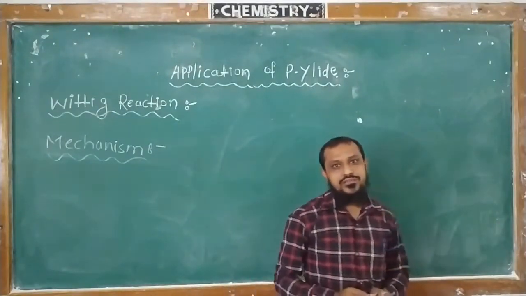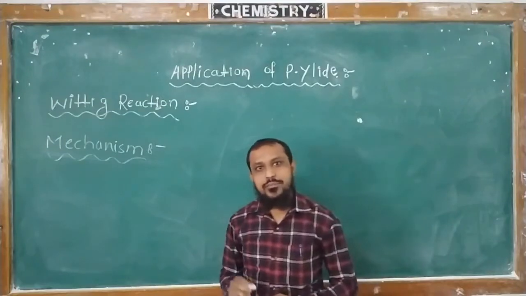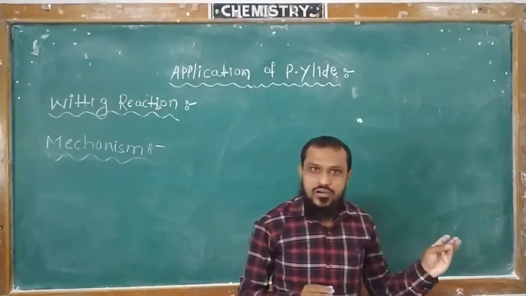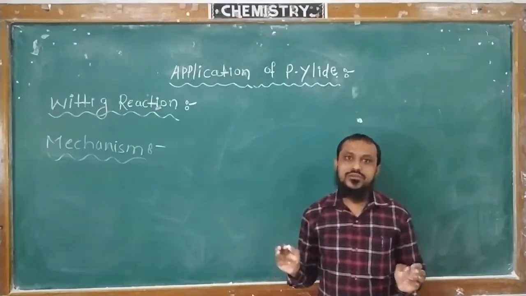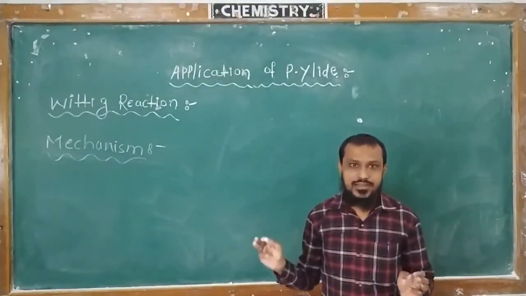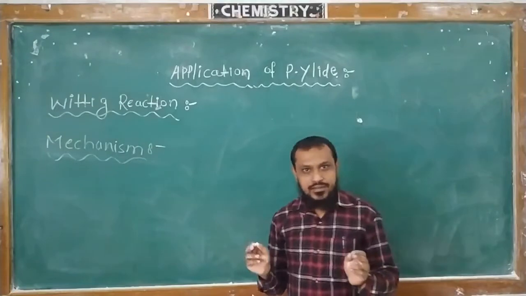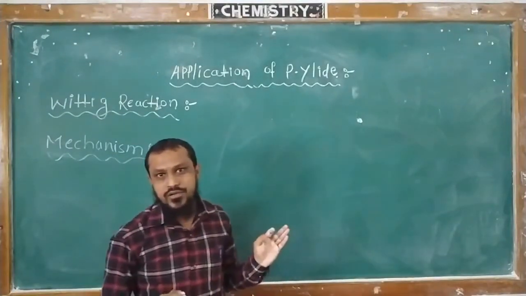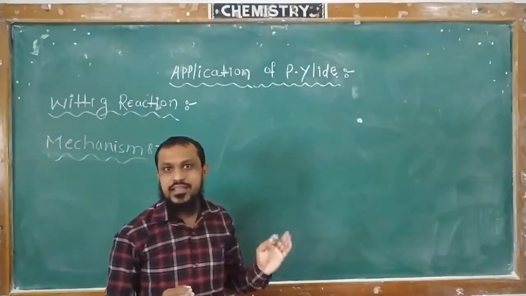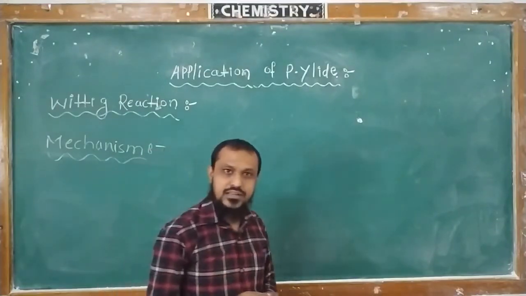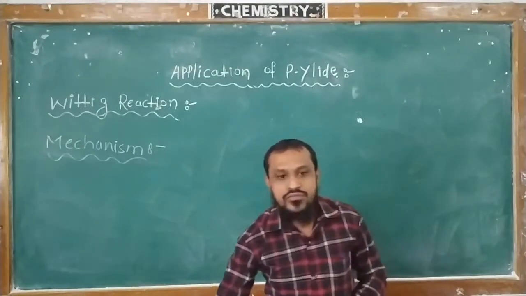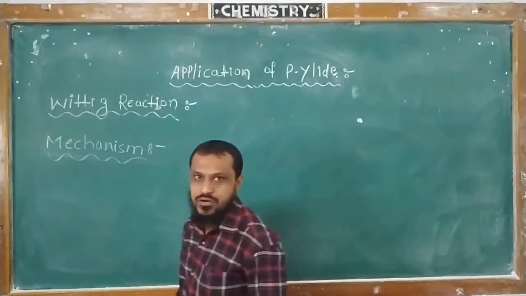So initially in the mechanism, the phosphonium salt is converted into phosphonium ylide, and that is used for the preparation of alkene. Firstly, the reaction mechanism is initiated from the preparation of phosphonium salt.